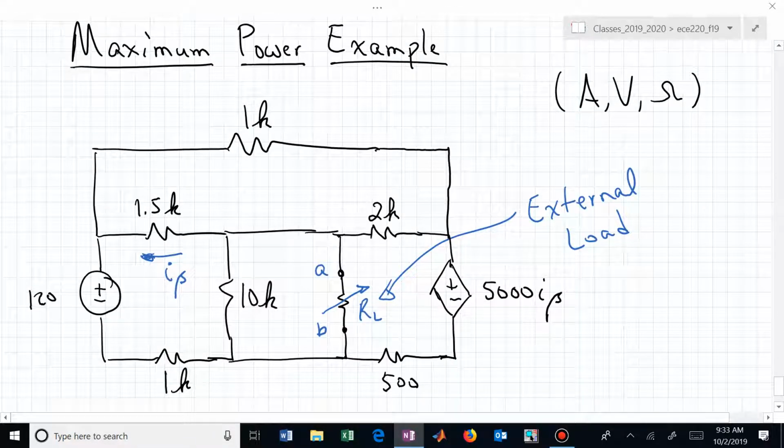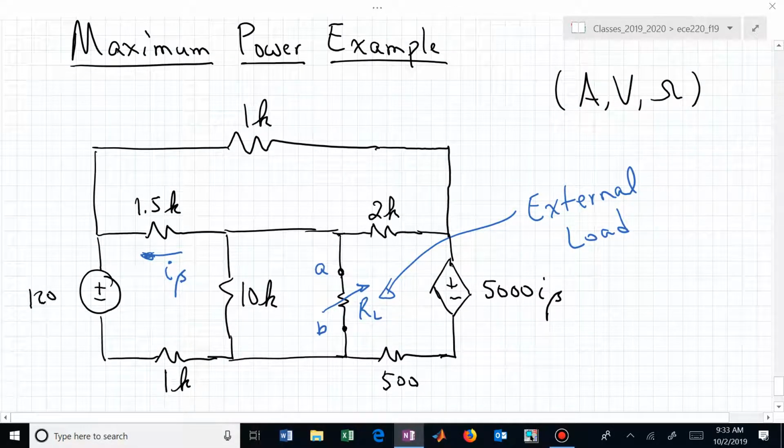Let's see if we can work through an example. Here is a circuit, and somebody says, I have a resistor, R sub L, connected between node A and B. That's what I'm considering my external load, and I want to pick the value of R sub L so that the maximum amount of power from the rest of the circuit, from the rest of the system, is delivered to that load resistor.